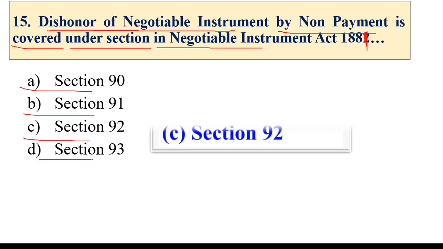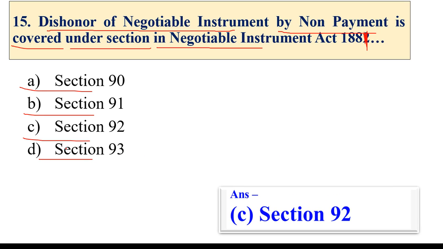So we'll see the correct answer. The correct answer is section 92. Okay, so the correct answer is option C. Section 92 covers dishonor of bill of exchange by non-payment. Okay, so non-payment is what? When the maker of the instrument, whether it is a promissory note, or acceptor of the bill, or drawee of the check, makes a default in the payment, then it is called dishonor.